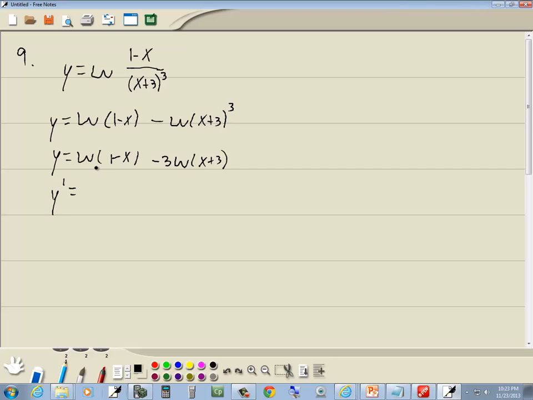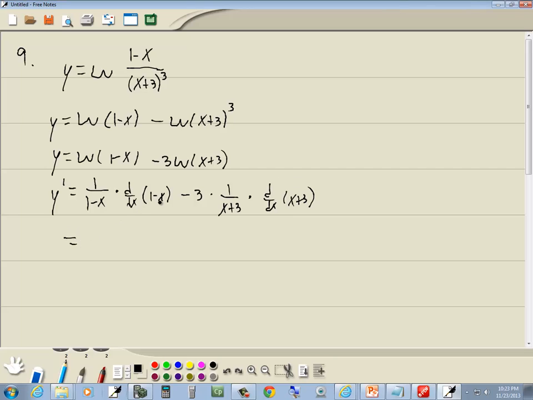Now we're ready to take our derivative. Derivative of natural log of 1 minus x is 1 over 1 minus x times the derivative of 1 minus x. Minus 3. The derivative of natural log of x plus 3 is 1 over x plus 3 times the derivative of x plus 3.